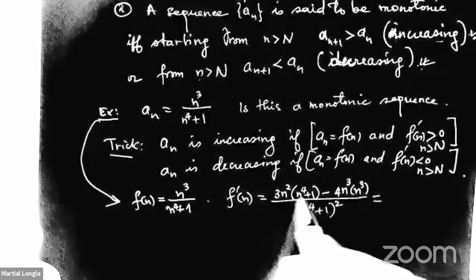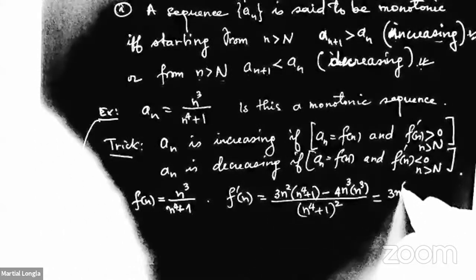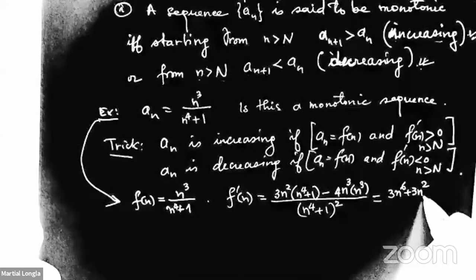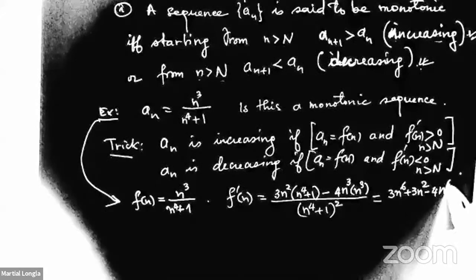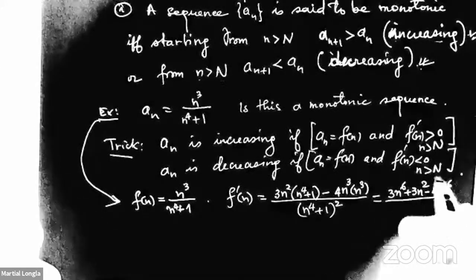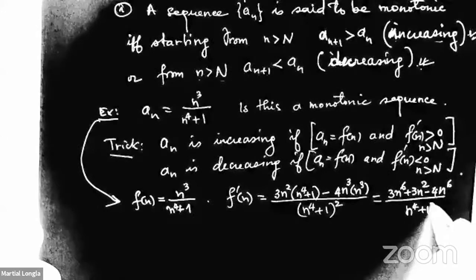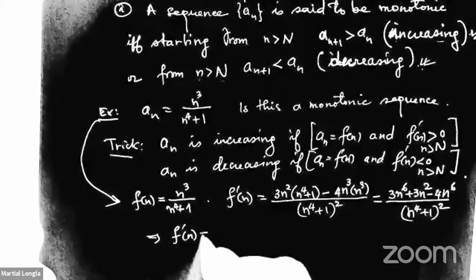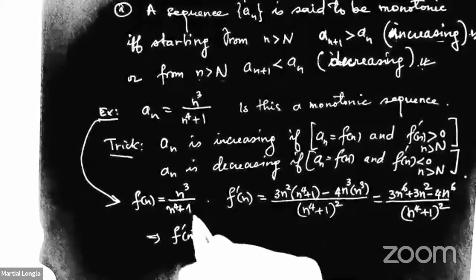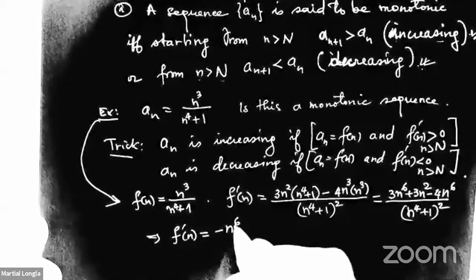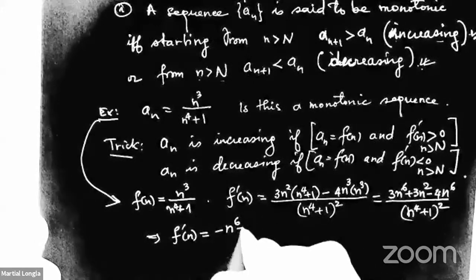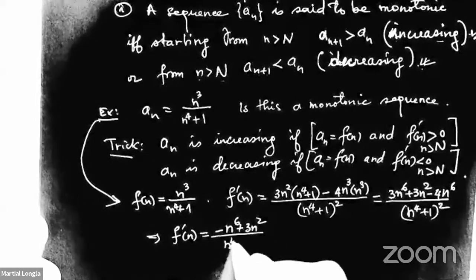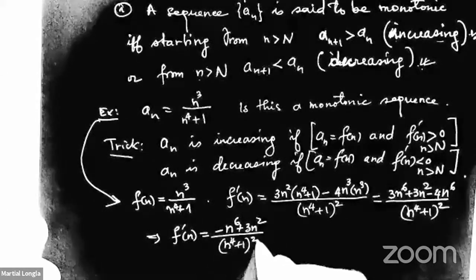And that is 3n to the power 6 plus 3n squared minus 4n to the power 6 over n to the fourth plus 1 squared, which gives us f prime of n equals minus n to the 6 plus 3n squared over n to the fourth plus 1 squared.